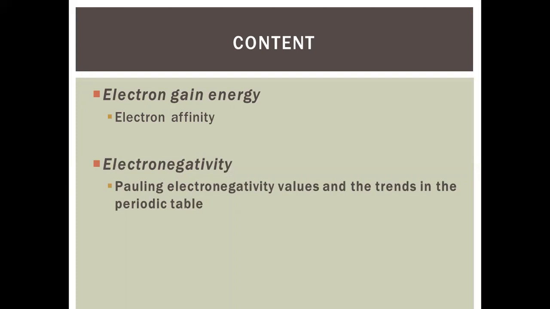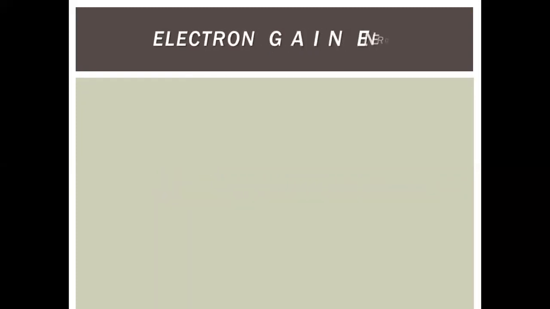The first one. We are going to discuss the electron gain energy. The word itself resembles what is meant by electron gain energy. The energy change that occurs when an electron is added to a gaseous atom is called electron gain energy. From the word, you can understand.